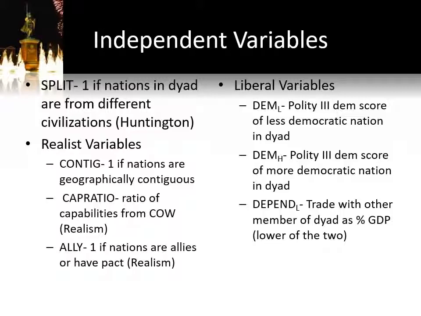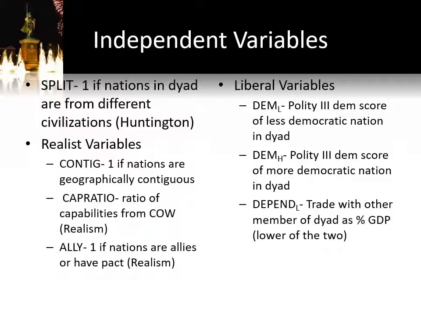And if Dem L is high, then we know that both states are democracies, right? Does that kind of make sense? And so when that's high, we know that the lowest democratic state's pretty high, so we shouldn't see fighting here. Okay, just go with it.